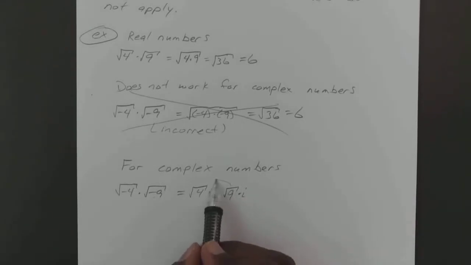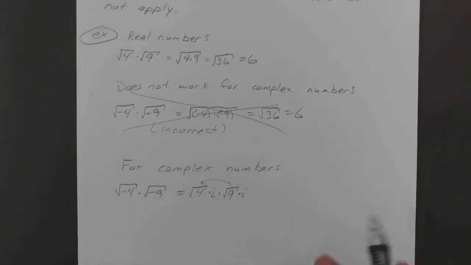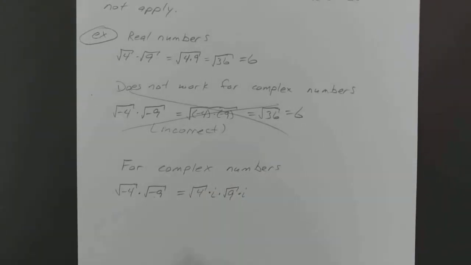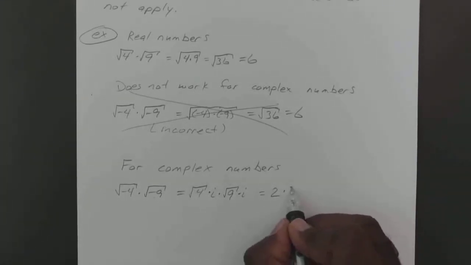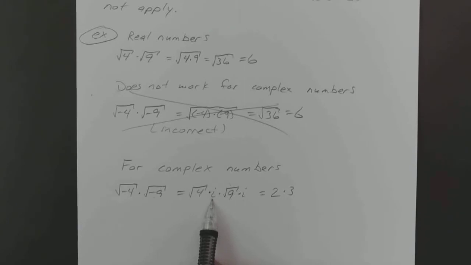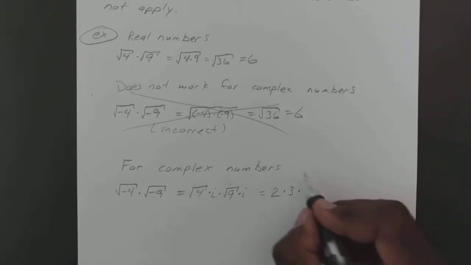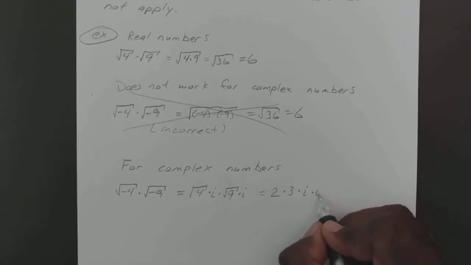Okay, we can simplify them separately if we wanted to. So square root of 4, we know that's 2. And square root of 9, we know that's 3. So we have times i times i. Sorry about that.